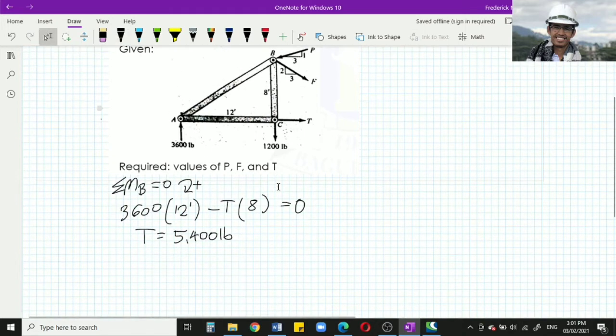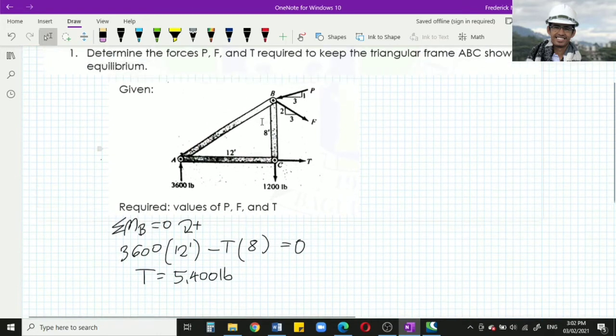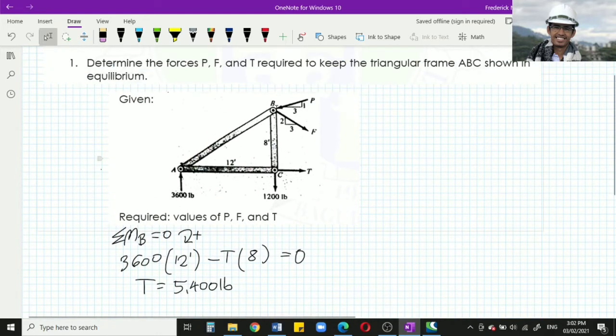Okay? So, yung isang technique para makuha natin yung force P, maghanap tayo ng point kung saan yung isa sa kanila is hindi magmo-moment doon sa point na yon. Okay? Na yung force P is pwede nag-moment siya doon sa isang point, pero yung force F hindi. Parang ganon.